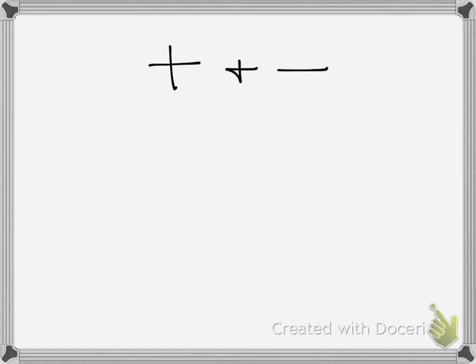The kids in my class learn the song: same signs add and keep, different signs subtract, take the sign of the highest number, then you'll be exact. As an example, let's say we have negative 10 plus 17. These signs are different, so I have to subtract. First, 17 minus 10 is 7.